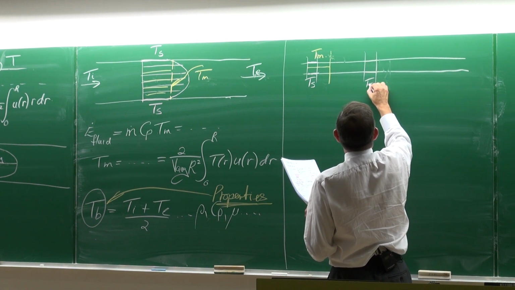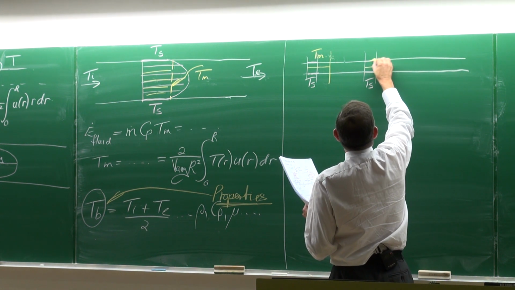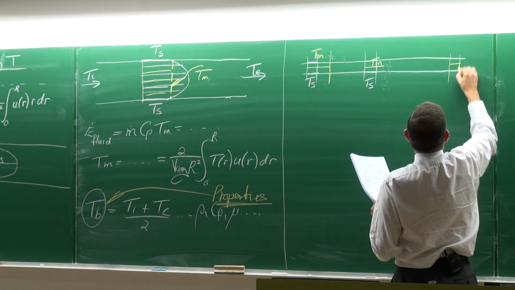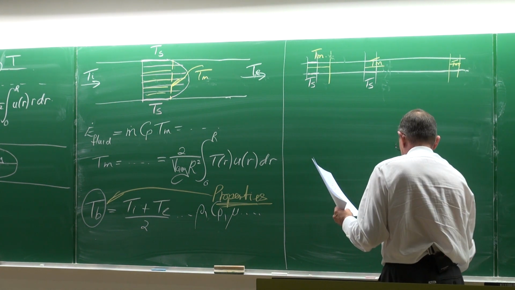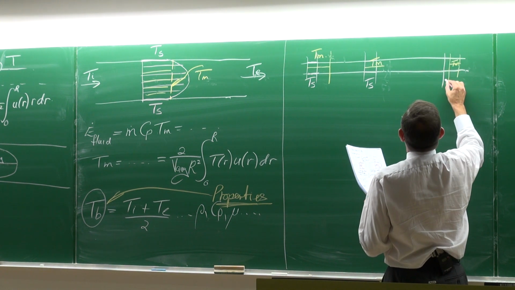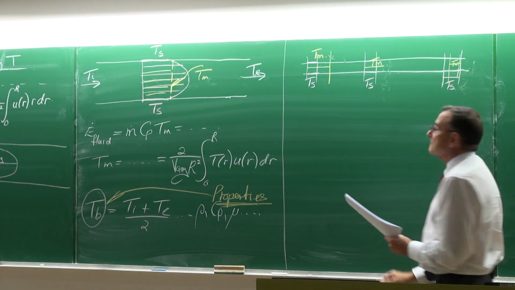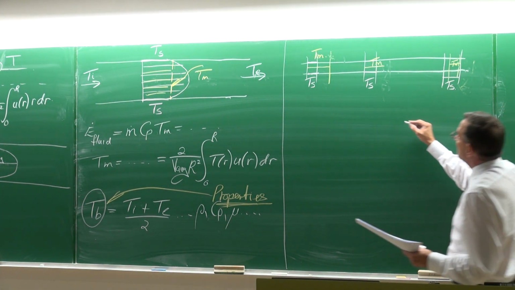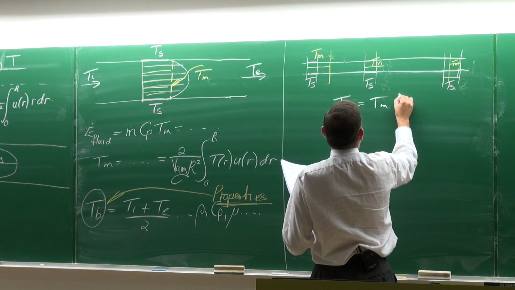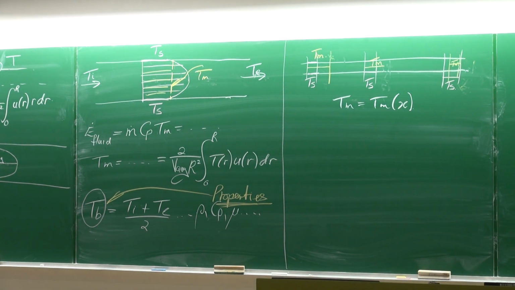Ts is still the same, but this temperature is going to get smaller, and it is smallest here at the outlet, because of the heat transfer. So the mean temperature Tm is a function of x. It changes along the tube. It's not a constant.